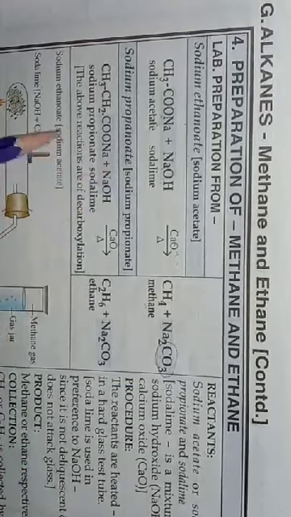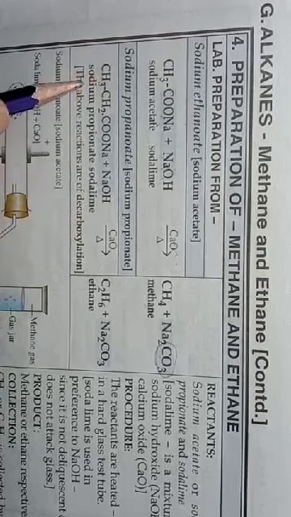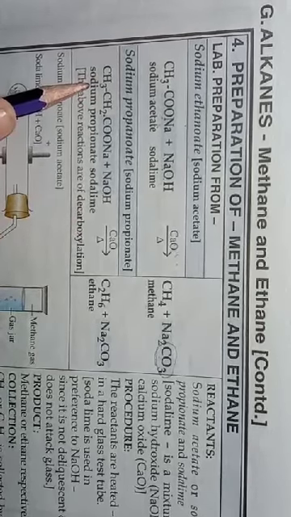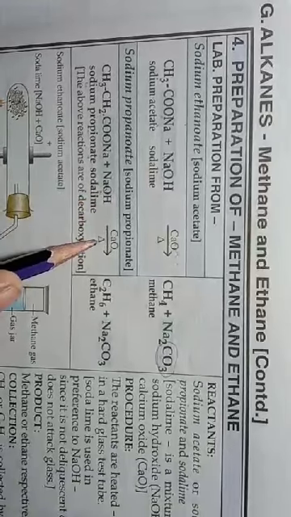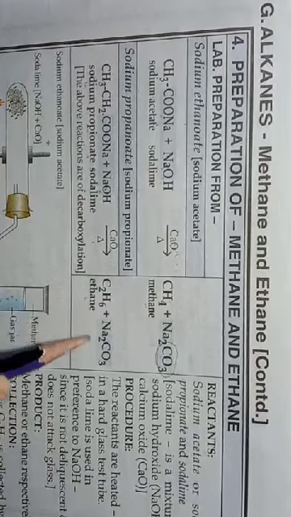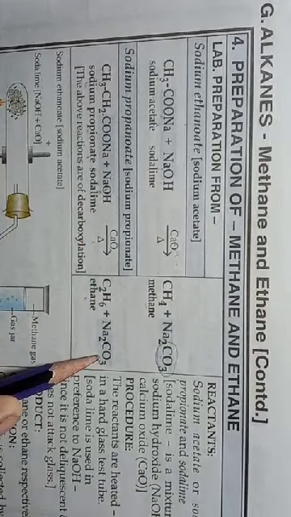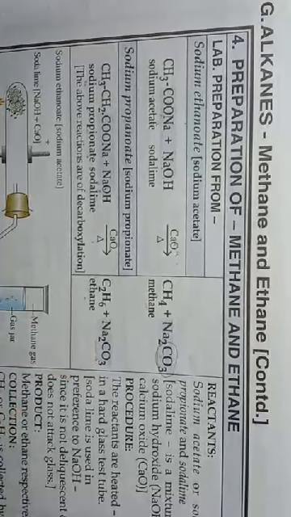For the preparation of ethane, in this reaction we use sodium propanoate with soda lime, and on heating, ethane is formed and CO2 is evolved in the form of Na2CO3.